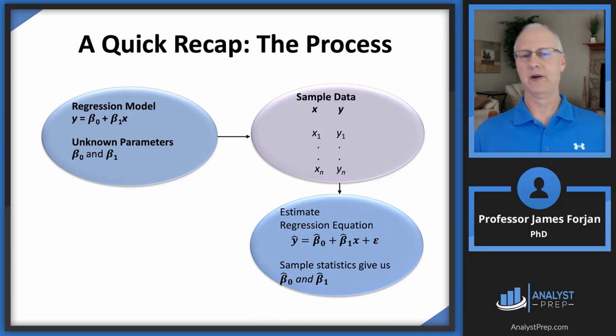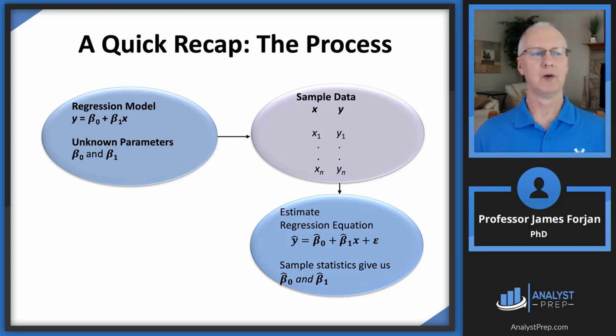And we get together and we decide, are we going to use Excel, or SPSS, or Minitab, or some kind of software program to estimate the regression equation, and then that regression output will give us beta hat 0 and beta hat 1. That's the intercept and the slope coefficient.